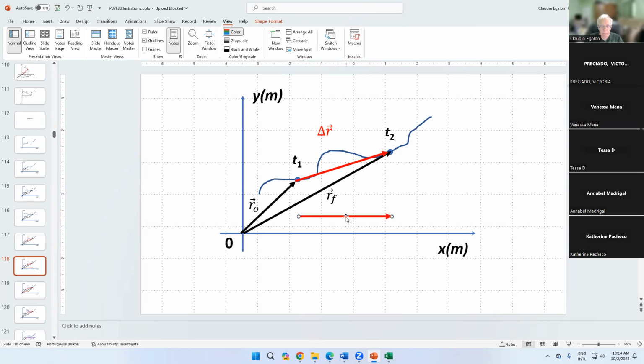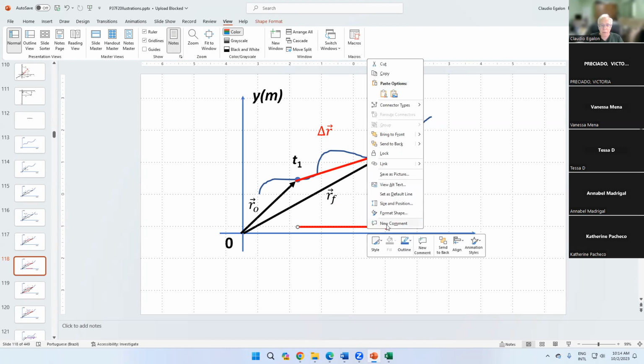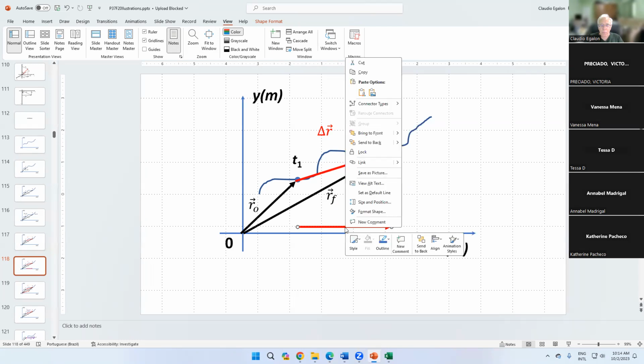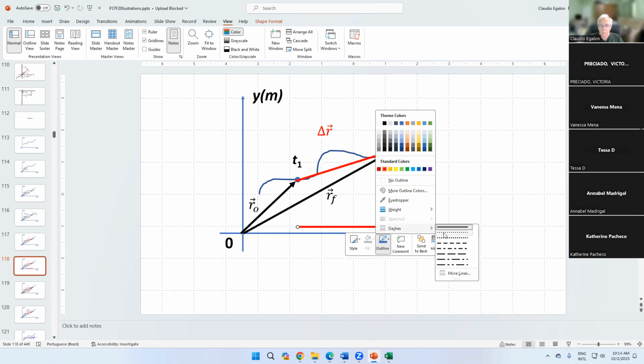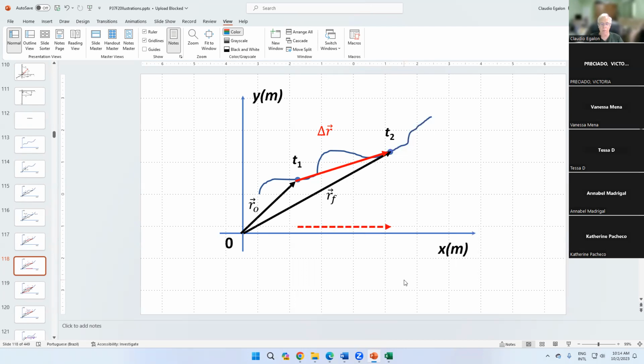Grid lines. And I'm going to put a dashed line. Okay, a little bit better. This one goes here.